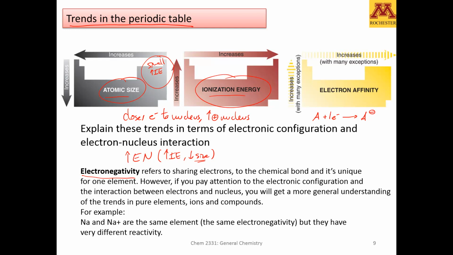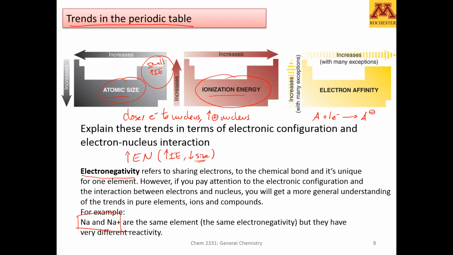Okay, it's important to understand, however, why some elements have a higher electronegativity than others, and always boil it down to the attraction between electrons and the protons in the nucleus. Because sometimes I may not like the term electronegativity, because for sodium there's only one number.